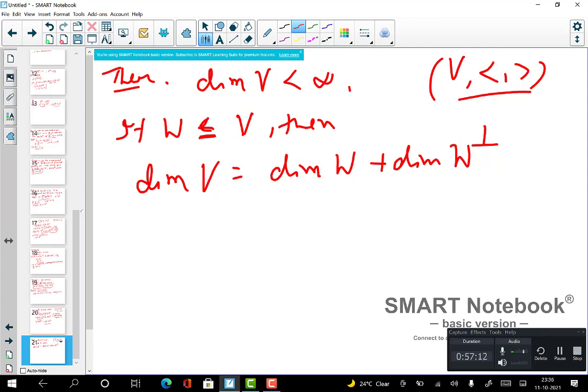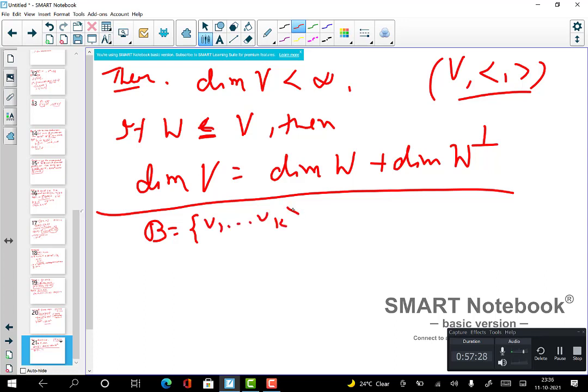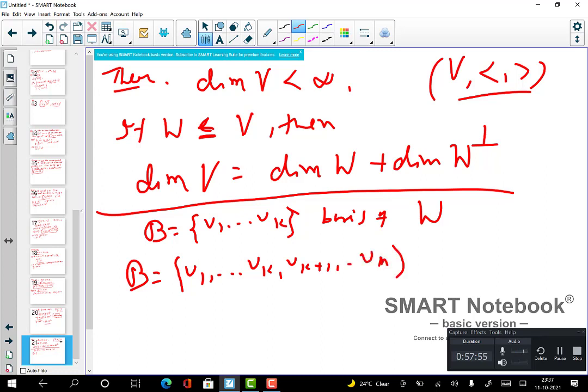For example, you write down a basis B, say v1, v2, up to vk, which is a basis of W. Then you can always extend this basis to a basis of V. So you write v1, v2, up to vk, and then vk plus 1 up to vn, which is a basis of V, which you can always find for a finite-dimensional vector space.